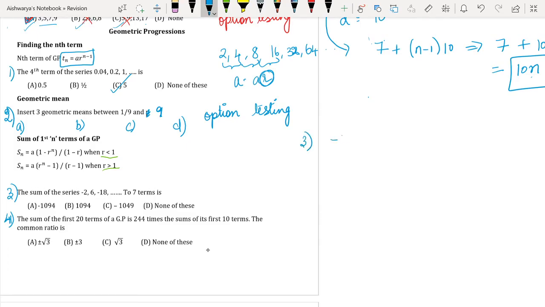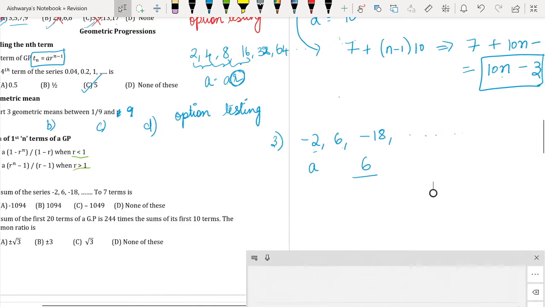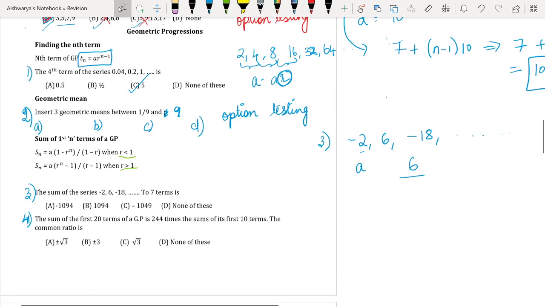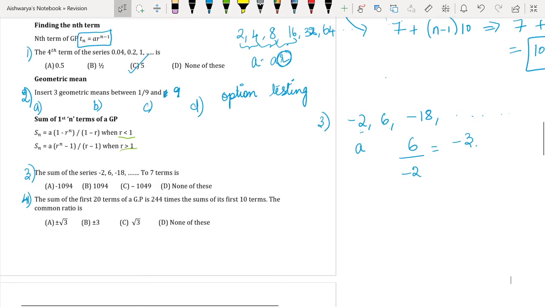The first term is -2, the next term is 6, then you have -18 and so on. Because the signs are positive, negative, I will know that this is definitely not an AP, it has to be a GP only. So 6 divided by -2 will give me -3. So -3 is the value of my R.